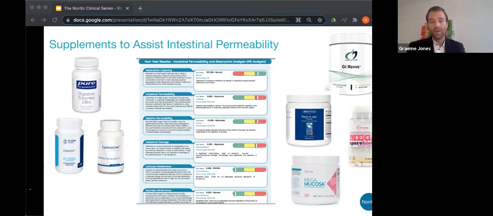And then I really like Megaspore Biotic, because it's been shown in the research, due to the strains contained in it, that it can reduce endotoxin in the five-hour postprandial situation by about 42%.